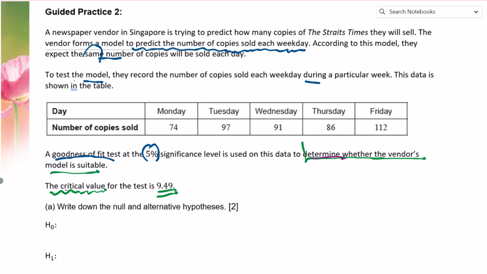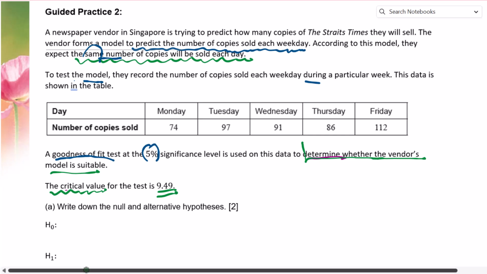What is the vendor's model? The same number of copies will be sold each day. Therefore, the vendor's model is suitable. Go to H0, because the number of copies sold each weekday follows a uniform distribution.